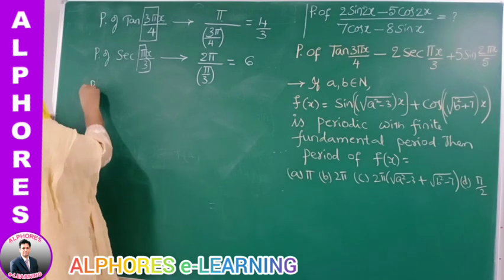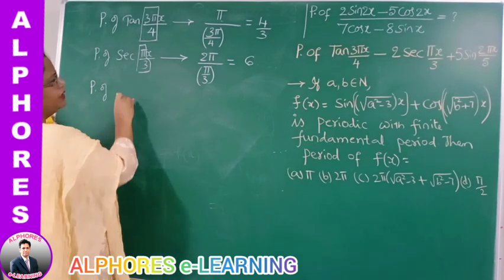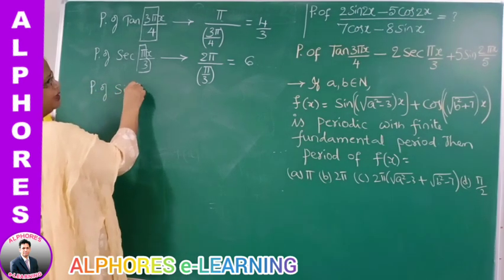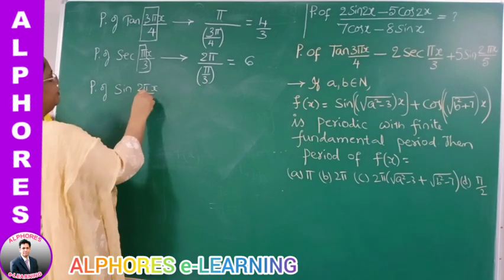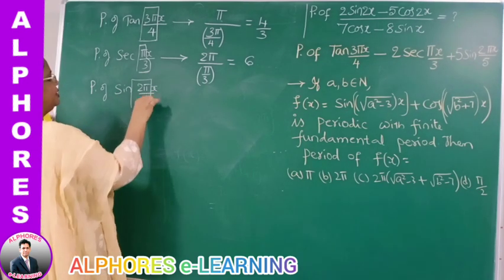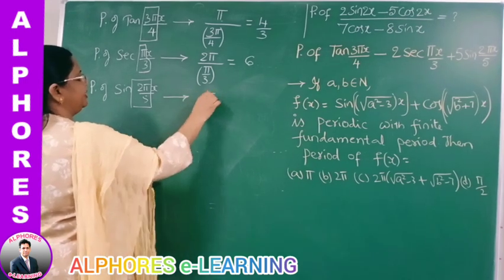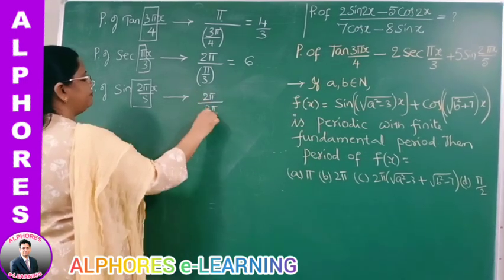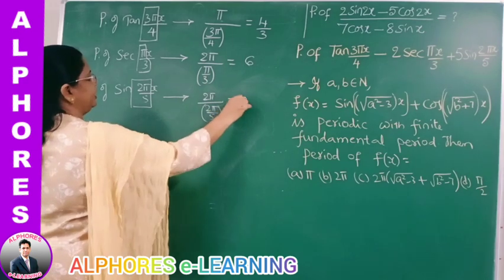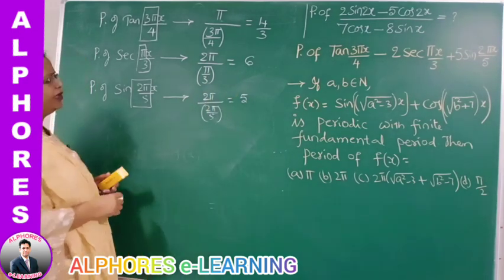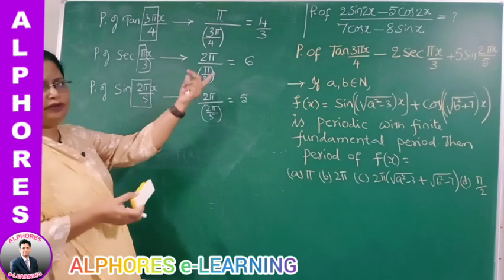And next one, the period of the third function, sine of 2 pi x divided by 5. The x coefficient is 2 pi by 5, and thereby this is 2 pi divided by 2 pi by 5, which is 5. Now you found all the individual periods.